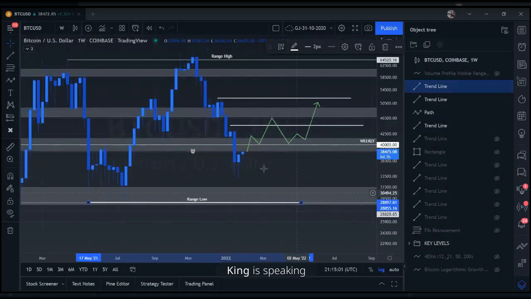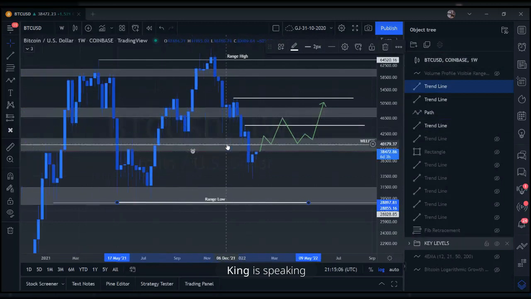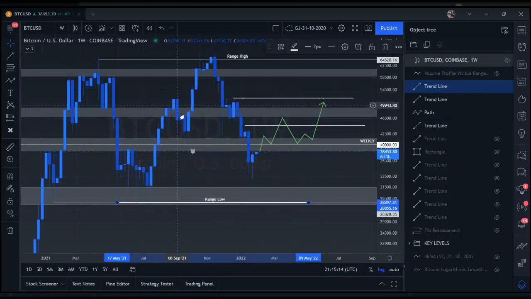And this move here, all the way down, definitely needs a pullback. If you can see from like 28, 29k to 52k, we did get a decent sized pullback, and we haven't had anything like that on the bearish side yet.